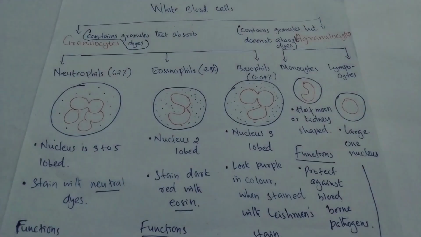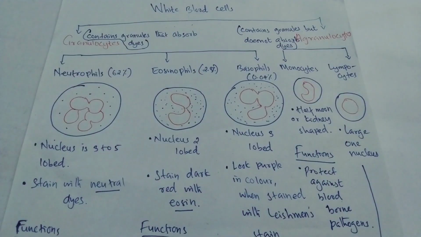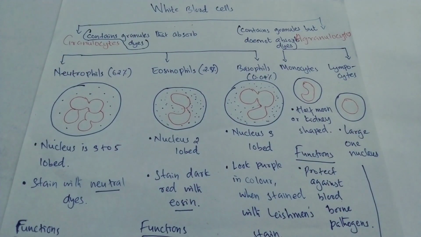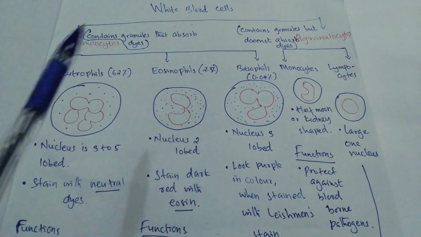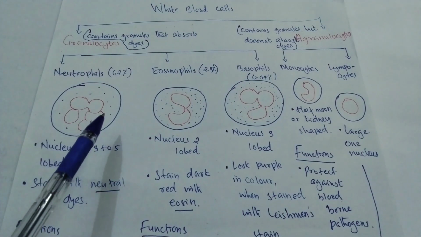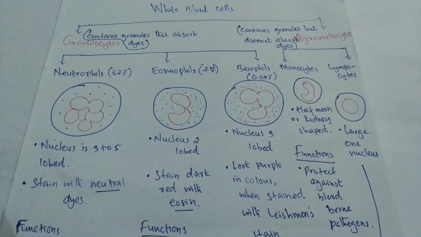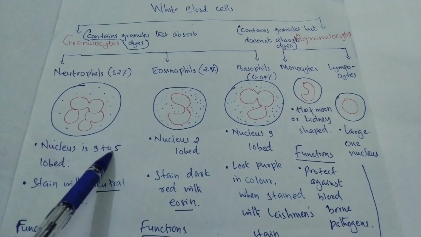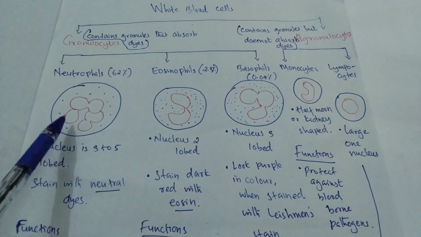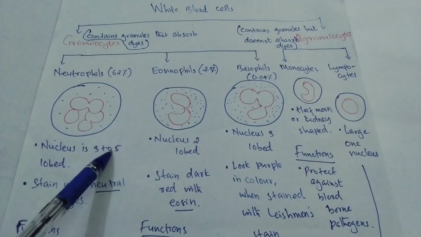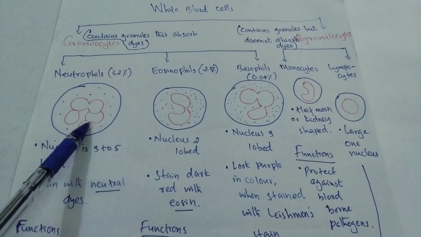So let us look at the difference in them. Firstly, neutrophils make up 62%, eosinophils 2.3% and basophils 0.04%. The main difference between these three: in the neutrophils, the nucleus is 3 to 5 lobed, meaning a looped structure, 1 2 3 4 5.